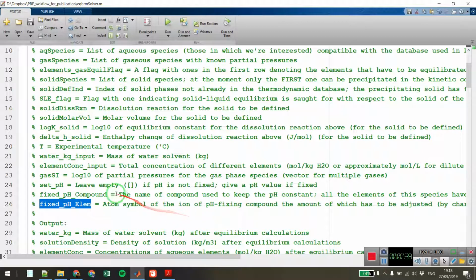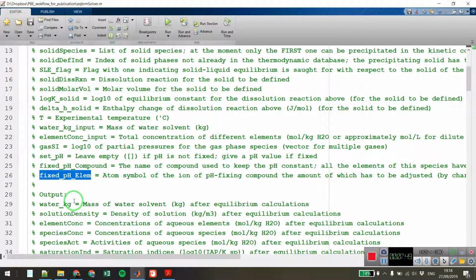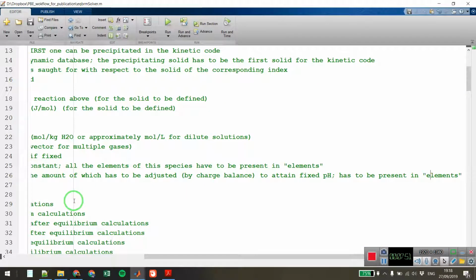For example, if you want to fix the pH with sodium hydroxide, you have to provide NaOH as the input for the fixed pH compound, and the corresponding element is sodium. The value of this will be adjusted by charge balance to attain fixed pH.